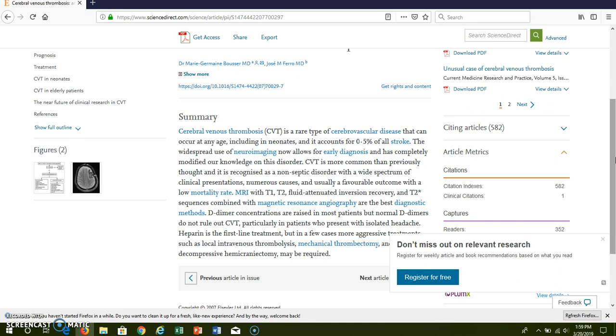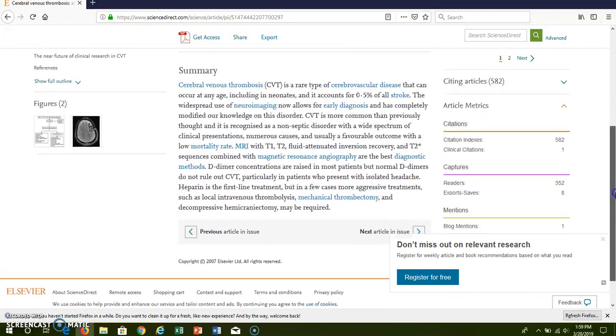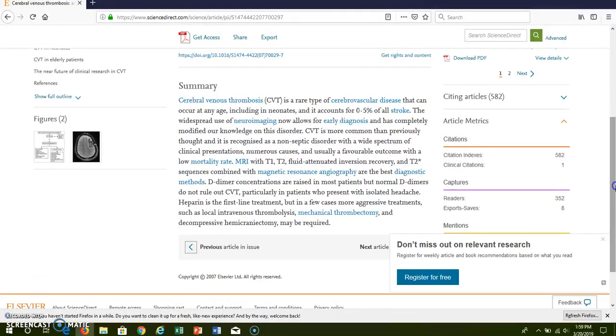So it just explains what the cerebral venous thrombosis is, which is good. And then it also states its causes and the other defects the illness can cause. And then just glance through the summary to see if the information in the paper is valuable to you.